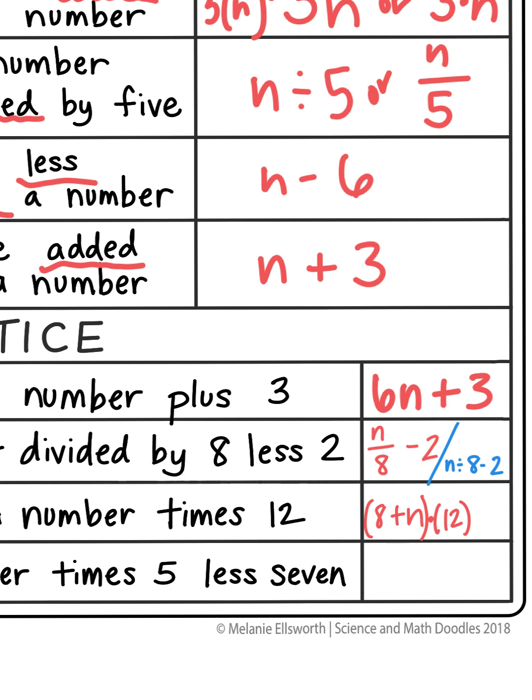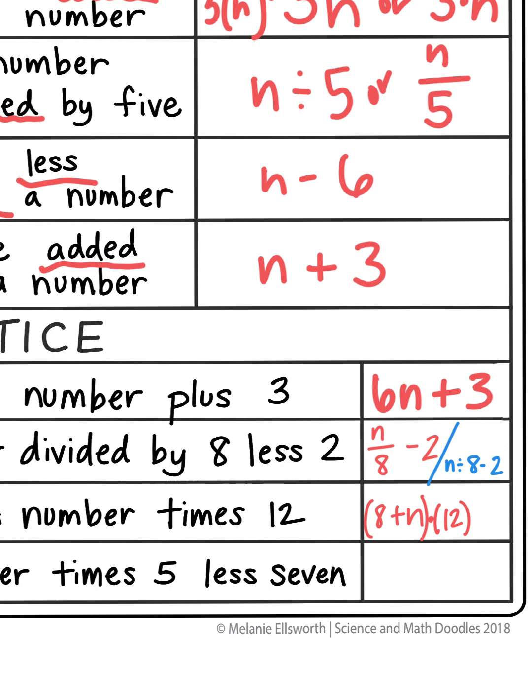Okay, the last one. A number times 5 less 7. How do I show a number times 5? I hope you're paying attention because if you are not, this can get really confusing. So please be sure that we're not having those side conversations. Okay, a number times 5.